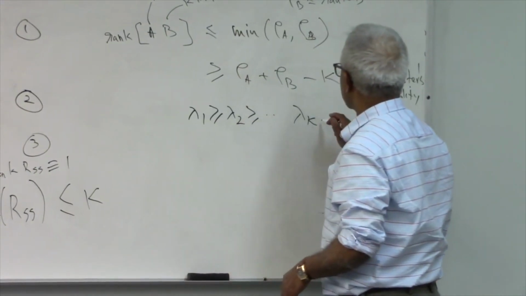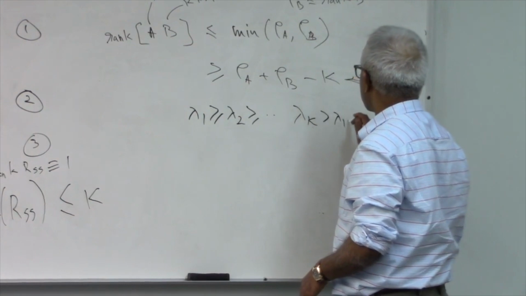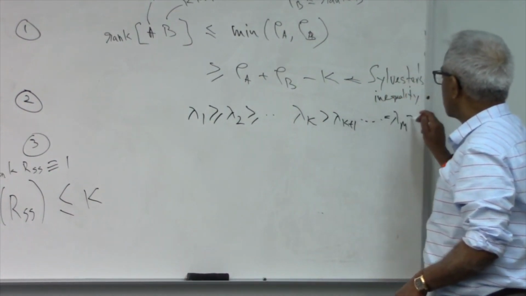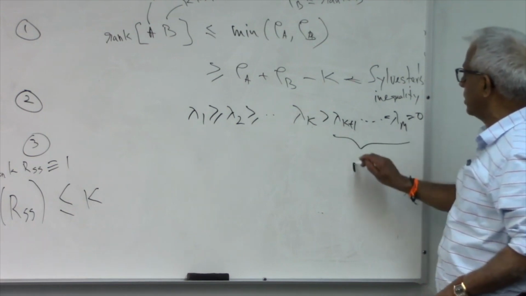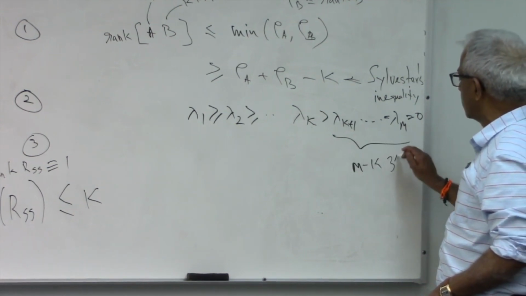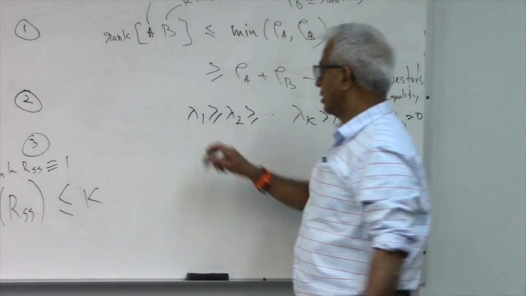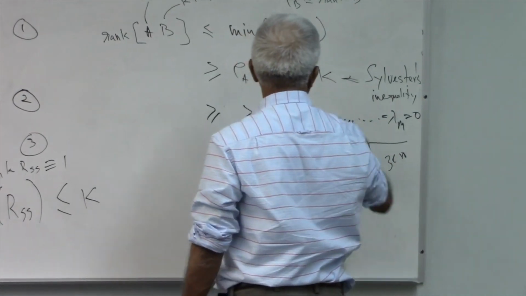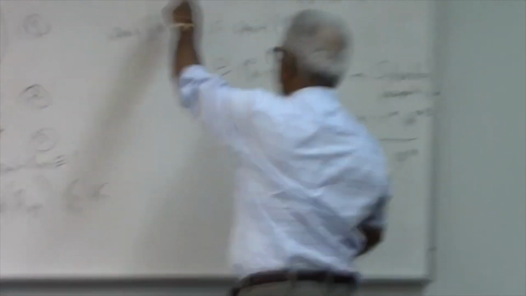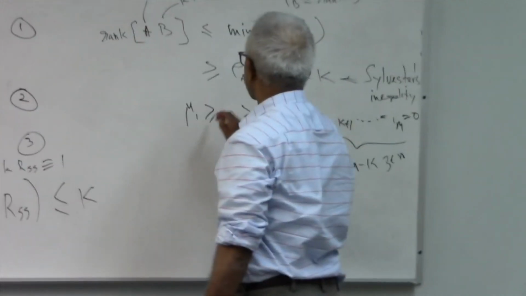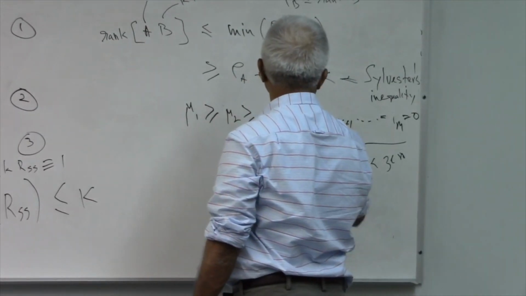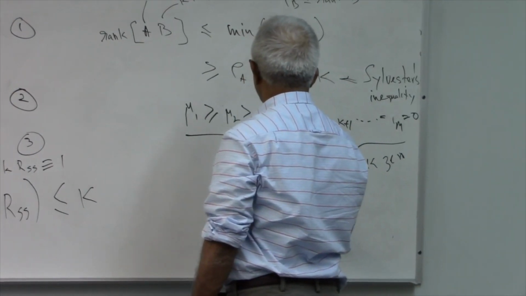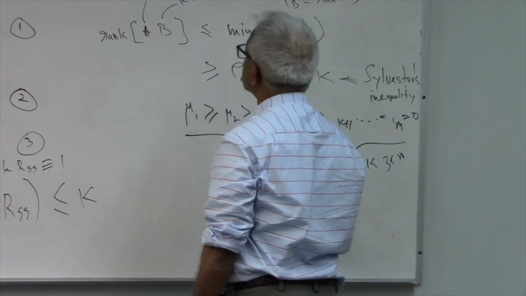And the rest of it will be 0. So there will be M minus K zero eigenvalues. And let me call the non-zero ones the mu's. Okay. So this is for this piece. So all these mu k's are strictly positive.